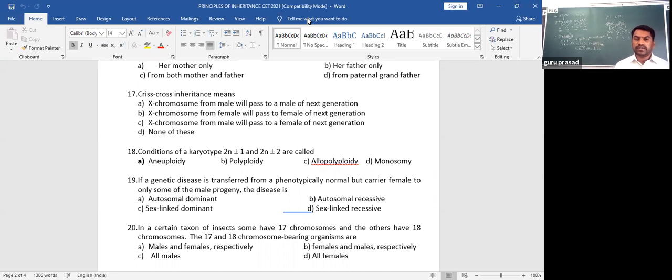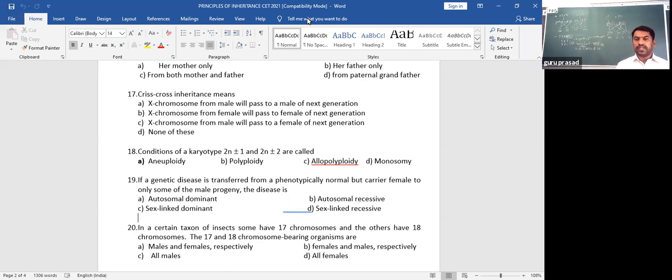This is the definition of aneuploidy. This happens due to chromosomal non-disjunction, and it is one of the reasons in humans for chromosomal disorders like Down syndrome, Turner syndrome, Klinefelter syndrome, etc. Polyploidy is 2n plus n, not plus or minus 1 or 2. It is increasing the whole set of chromosomes beyond the normal diploid state. At that time you obtain triploidy, tetraploidy, pentaploidy, like that: 3n, 4n, 5n, that is polyploidy.